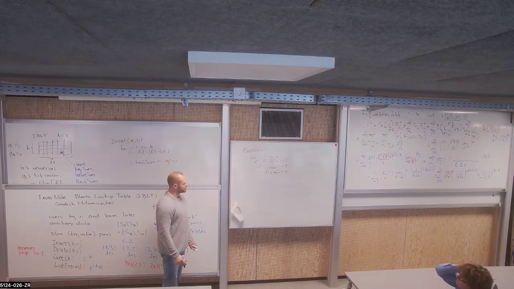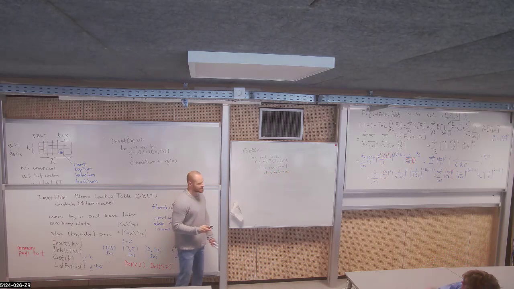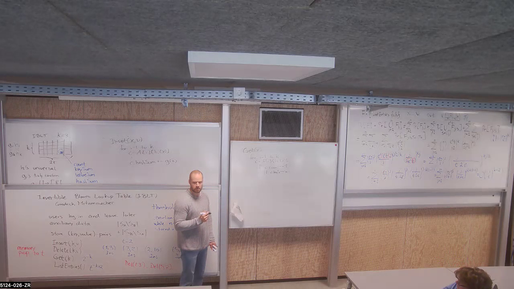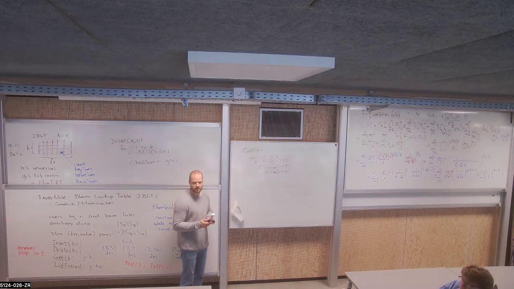So then, if this is the case, is it safe to just return the value sum now? The key sum is x. The count is 1. Could this happen for other reasons than x actually being there? Yeah, it could, if you have two keys in there and you delete one that isn't there.